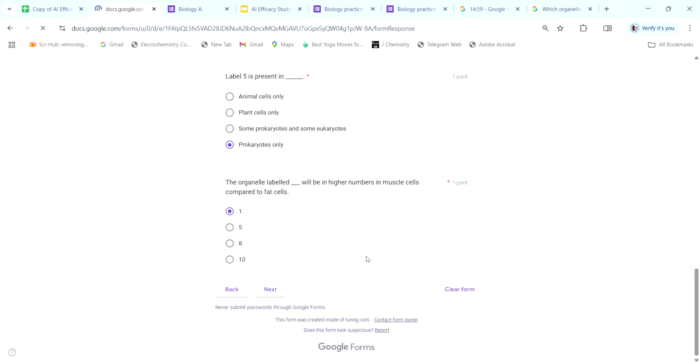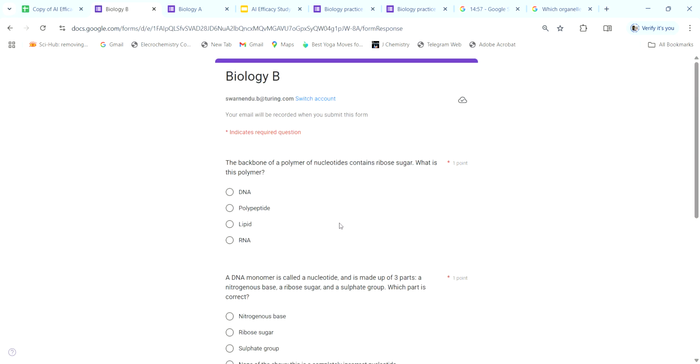The backbone of a polymer of nucleotides contains ribose sugar. What is this polymer? So ribose sugar remains in RNA. So what is this polymer? DNA, polypeptide, lipid or RNA?